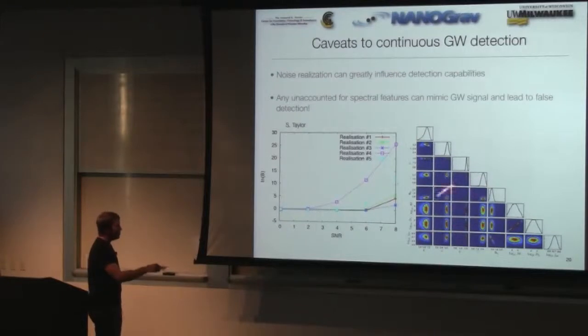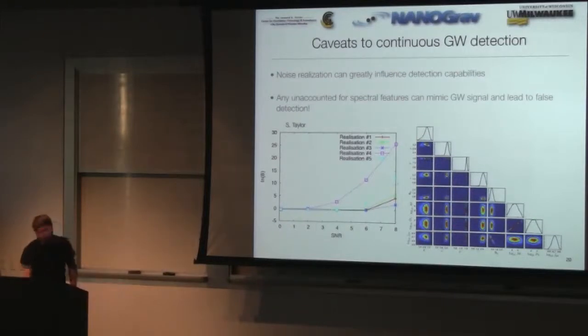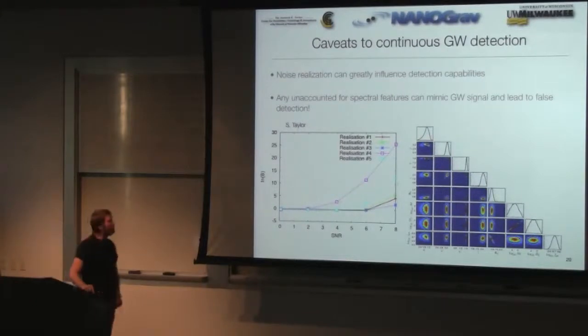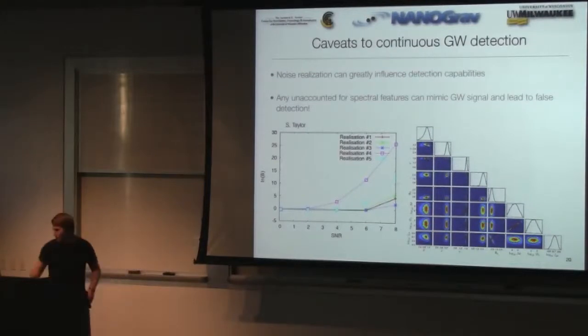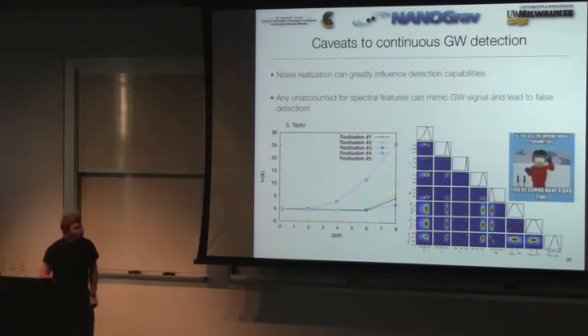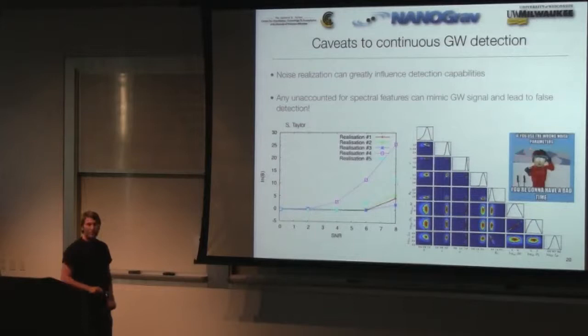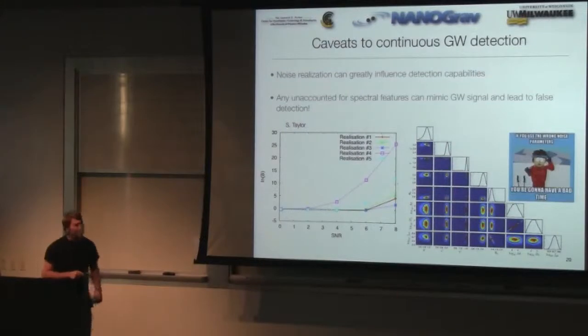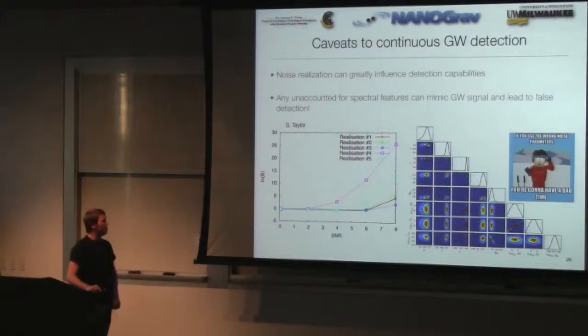And the Bayes factor corresponding to this was somewhere around 50, which is not quite decisive evidence, but it's pretty strong evidence for a gravitational wave. But that was just because our noise model was horribly wrong. So the moral of this story is, if you use the wrong noise parameters, you're going to have a bad time.